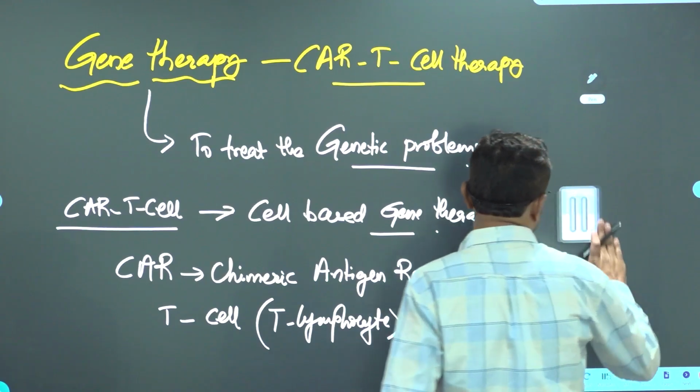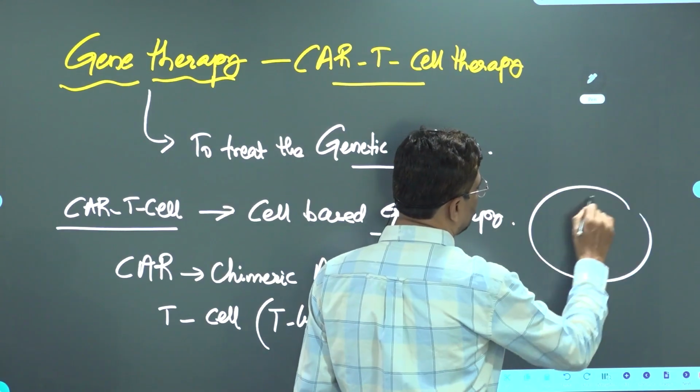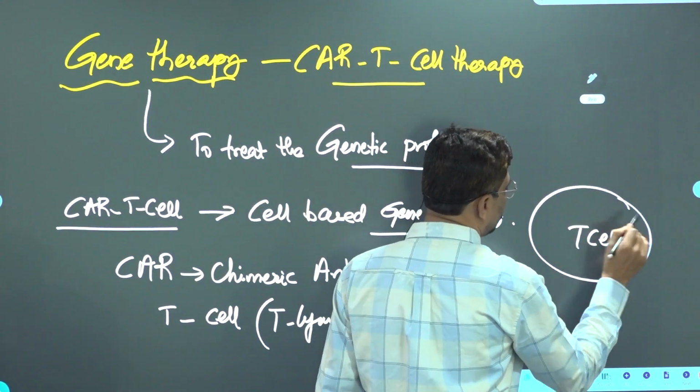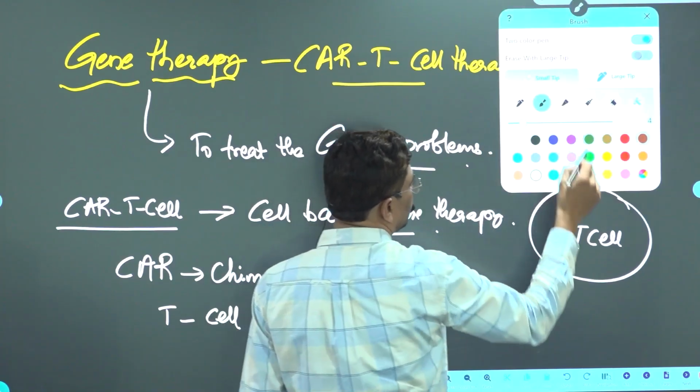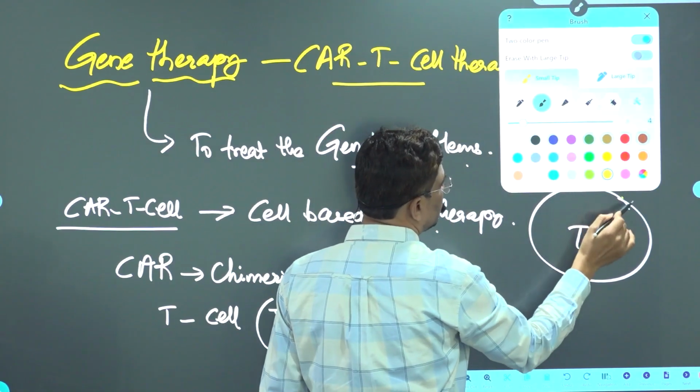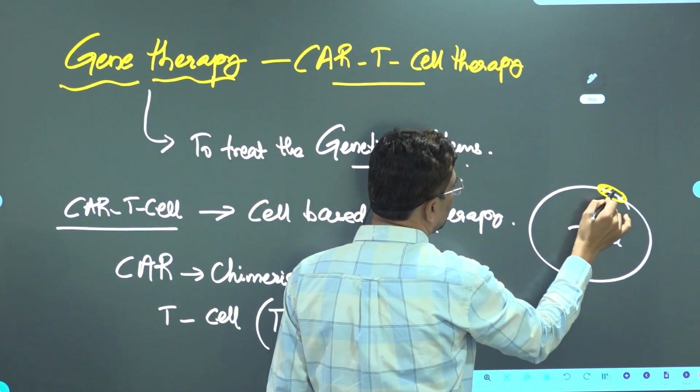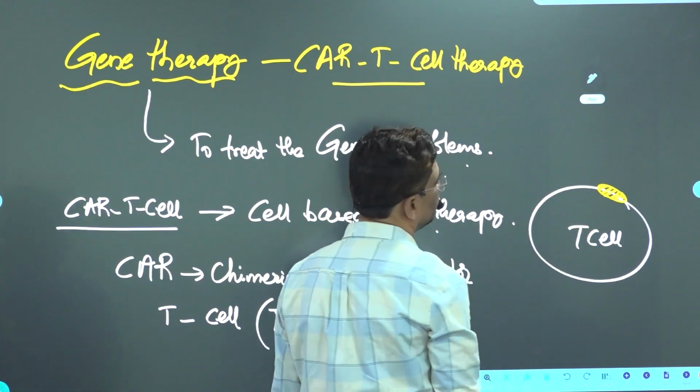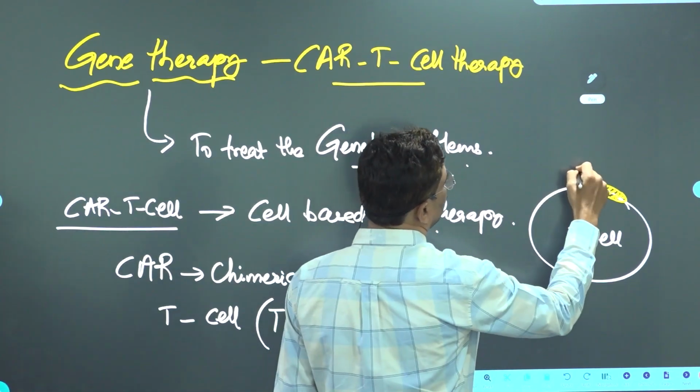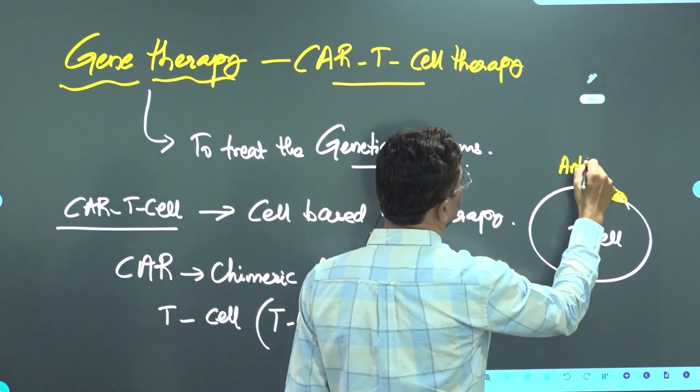So what is chimeric antigen receptor? Suppose this is the T cell, and this is an antigen receptor.